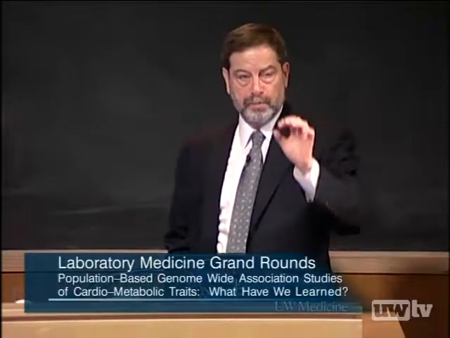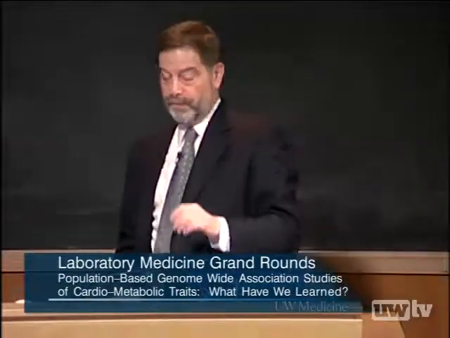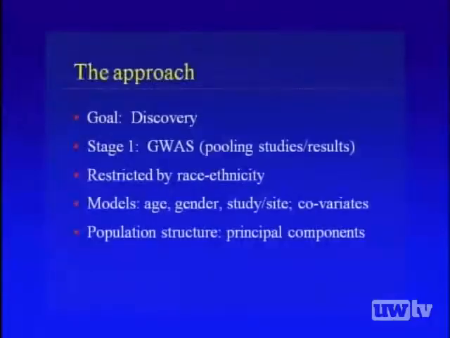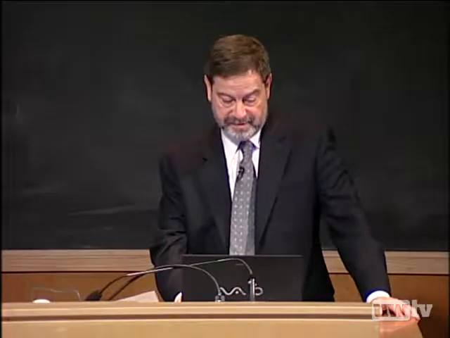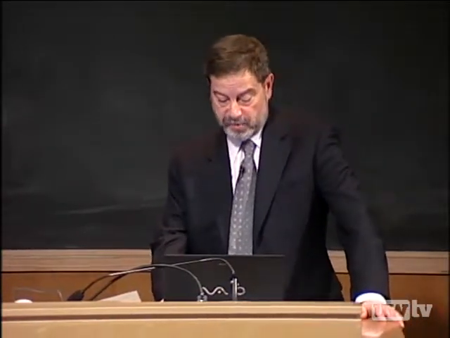And if you remove other determinants of that particular trait, you may improve the estimate of genetic effect. Population structure is taken into account by looking at whether there are principal components that reflect different subpopulations within your study population, and then you take that into account in the analysis. So you don't have a false positive association due to population substructure.